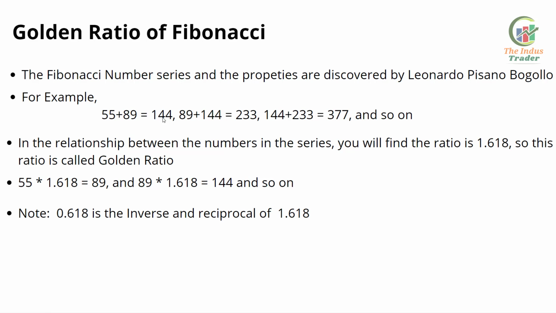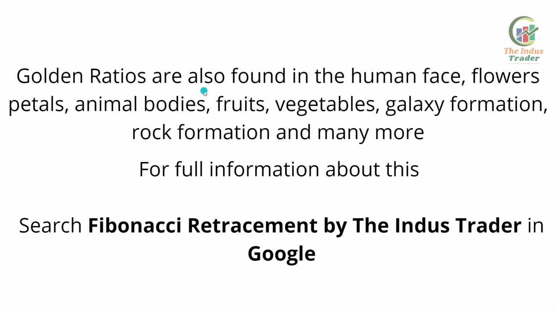And before that, let me tell you, the golden ratio is not only used in trading or mathematics. The golden ratio is also found in the human face, flower petals, animal bodies, fruits, vegetables, rock formations, and many more.